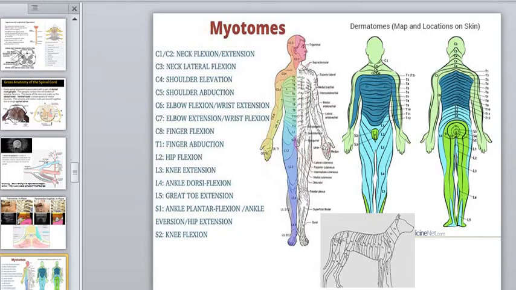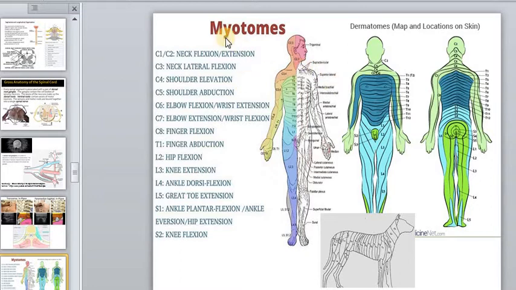What is the metameric segmentation of the animal body and human body? It is the division of an animal's body into a linear series of similar segments, metamers, by the repetition of organs and tissues at intervals along its body.